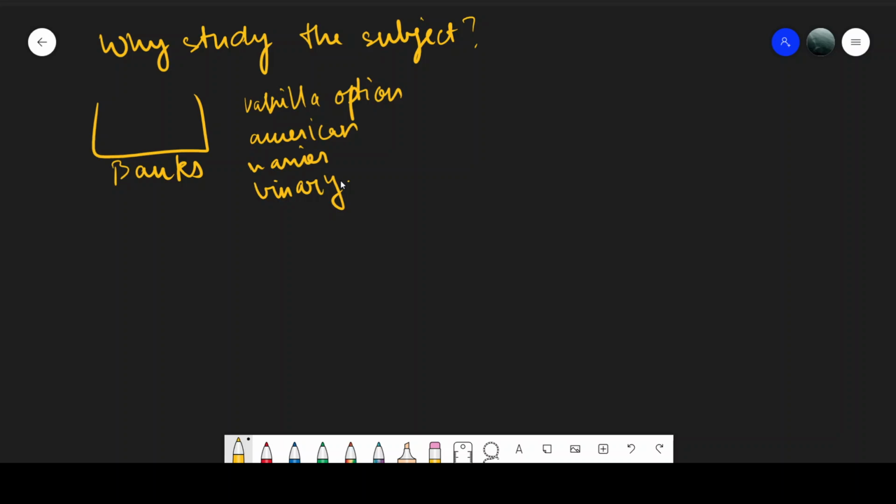All right. Now, why do you want to study the subject? You have these different kinds of options. You have vanilla, American, barrier, binary, compound. There are lots of other options. But how do you price an option, right?